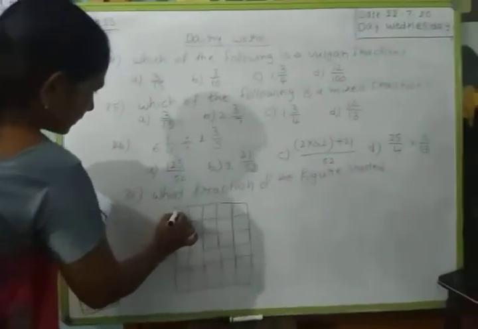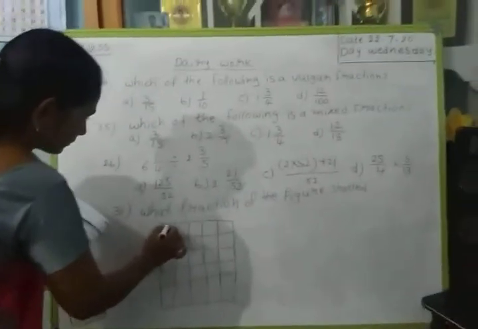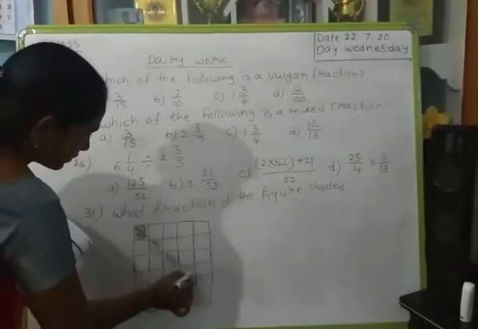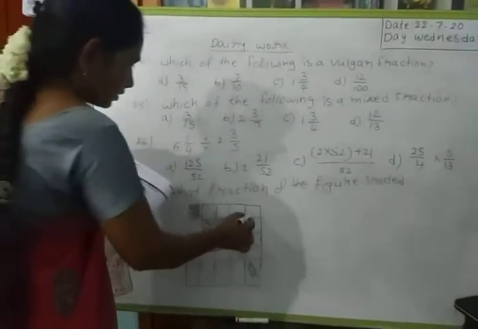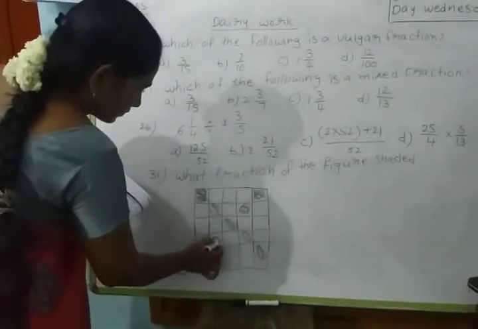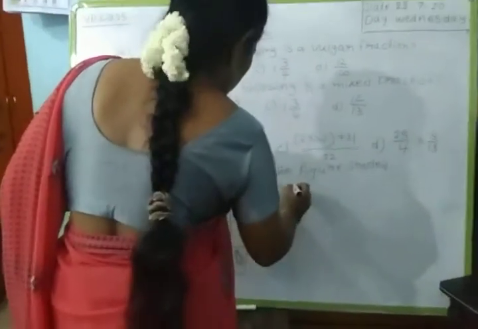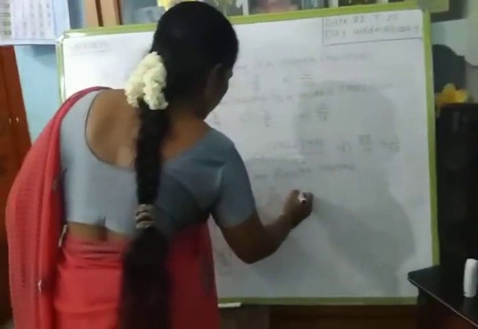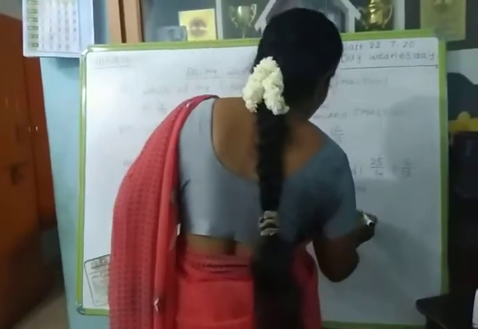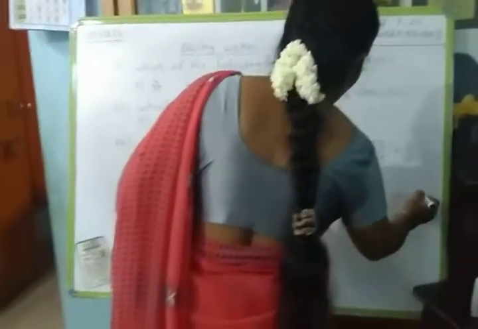This one is shaded and this one also is shaded. This one shaded 5, here also 5, like this. So the shaded fraction: options 7 by 25, 8 by 25, 9 by 25, 2 by 5.